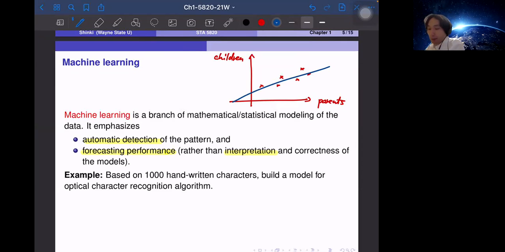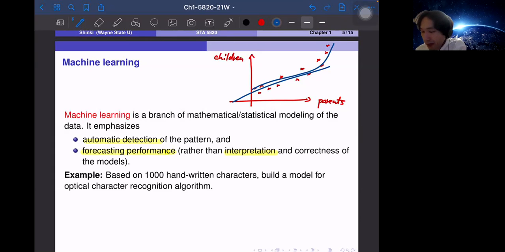But in machine learning, we are not interested in that, and we want to develop a more accurate prediction model. Maybe the truth is like this. So we want to estimate this complicated curve, even though we don't really know if the slope is significant or not. Also, it doesn't really care about the correctness of the model.